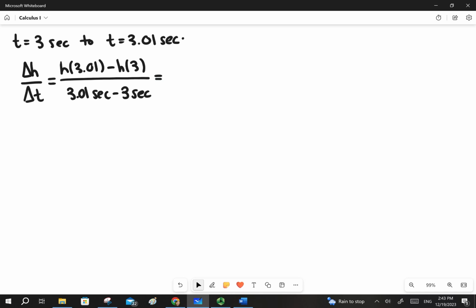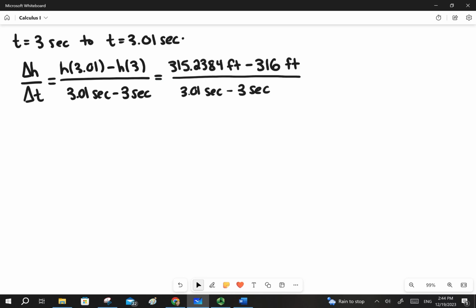Evaluating h at those two inputs, I got 315.2384 feet minus 316 feet over 3.01 seconds minus 3 seconds, which is negative 0.7616 feet over 0.01 seconds, so negative 76.16 feet per second.